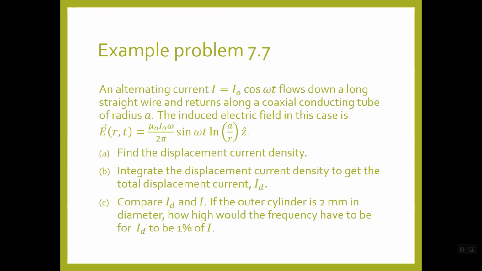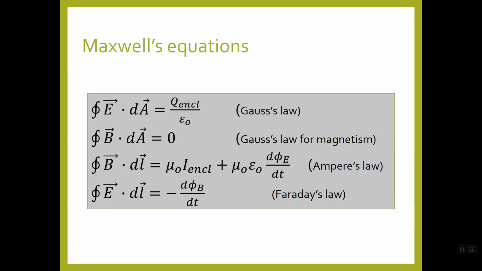And then you will be doing this example problem. And then I wanted to finish just by looking at everything kind of synthesized that we've learned. We have Gauss's law, where the surface integral of the electric field, or the electric flux, is equal to Q enclosed over epsilon naught.